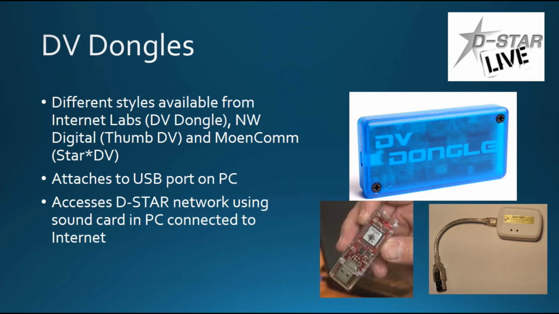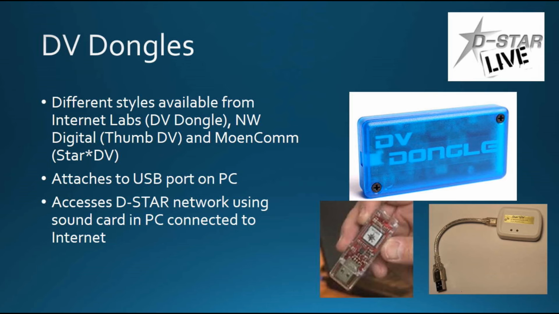The DVDongle, can you remember what its original price was when it went into the market? $199. $199, I think is right. So that's when radios were costing $500, $600, $700 or more. How much do they cost now? The radios? As low as $230.